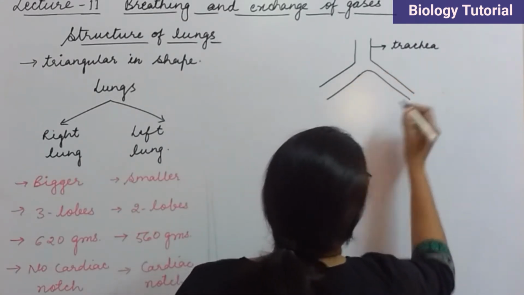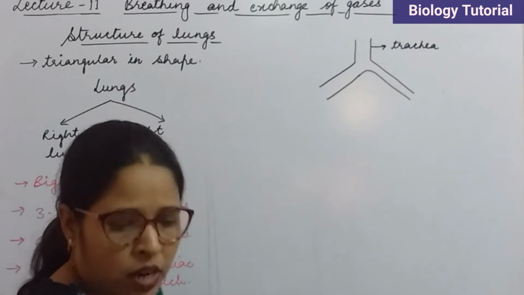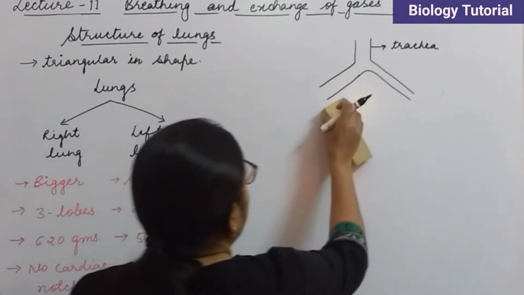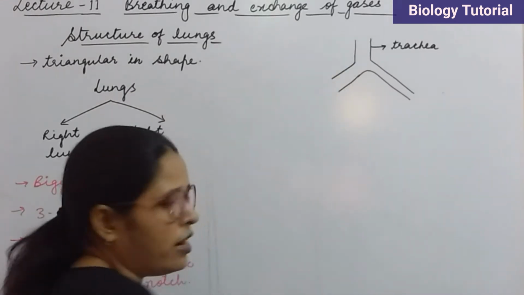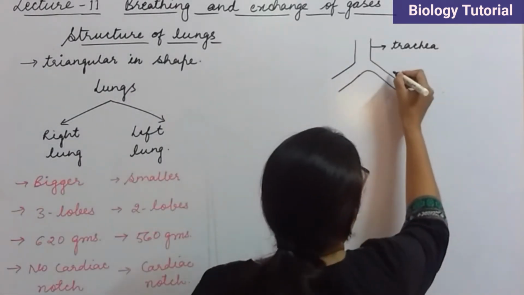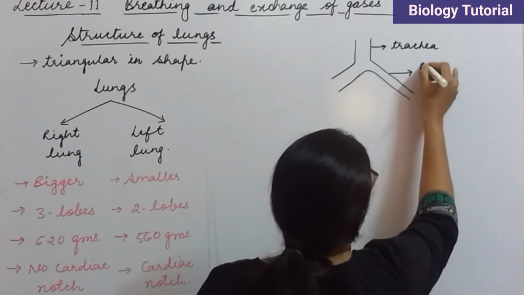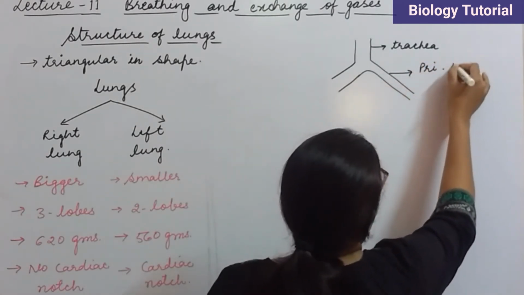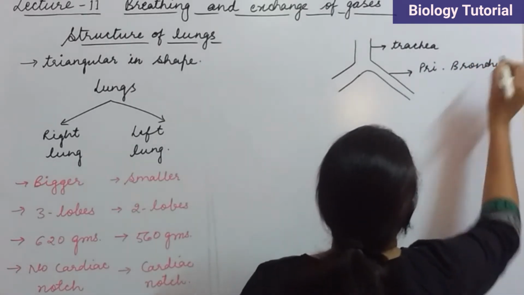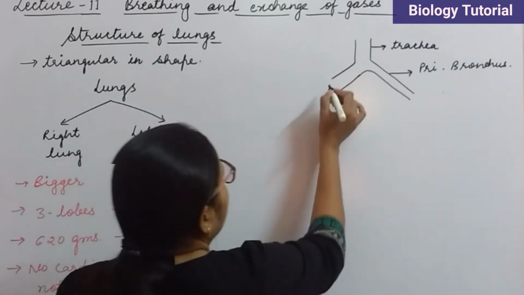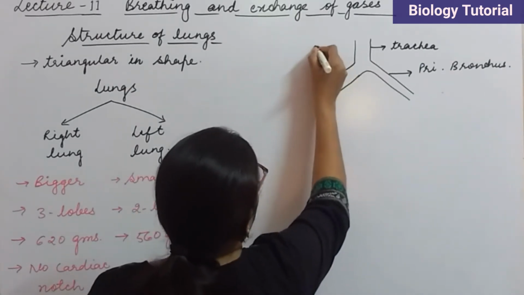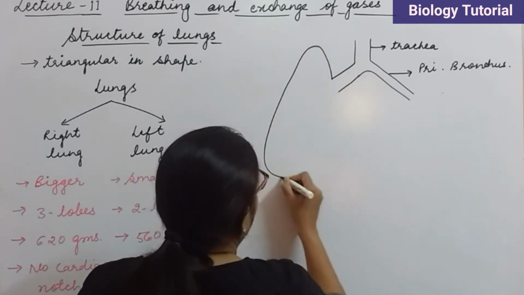So the left one is longer and the right one is smaller in size, and it is wider. Clear? So these are called primary bronchus. Both of these bronchi open into the lungs.